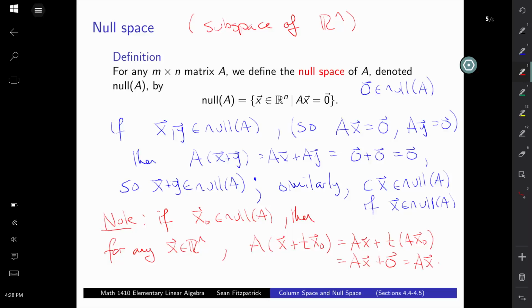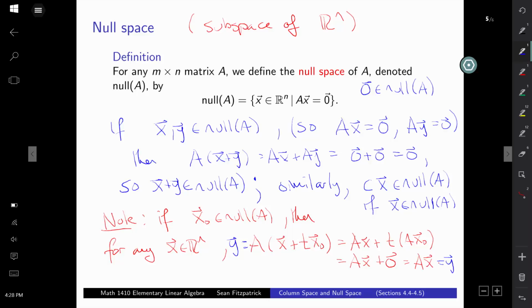And so that means that there are going to be infinitely many vectors that all get sent to the same y value. So if this is y, this is y over here as well, right?